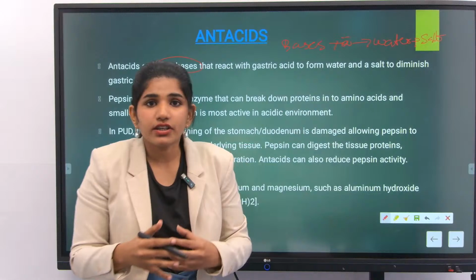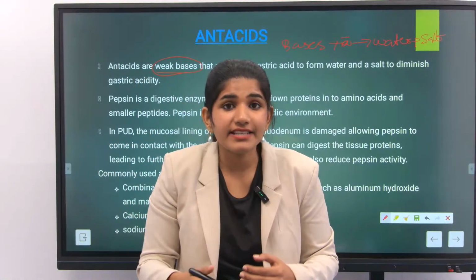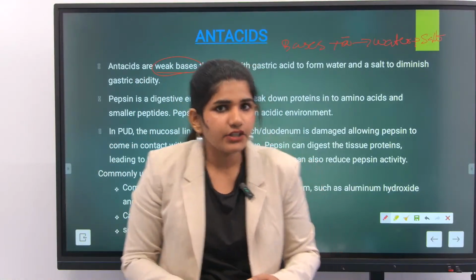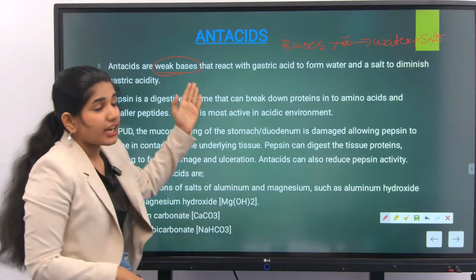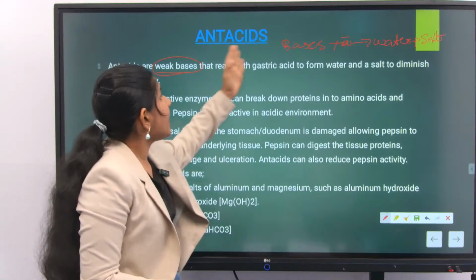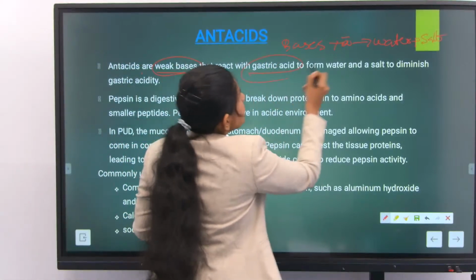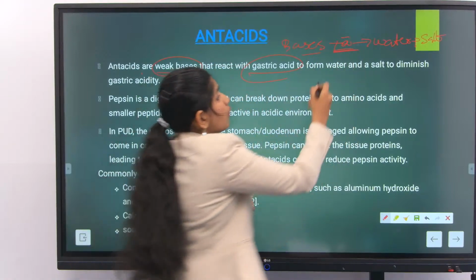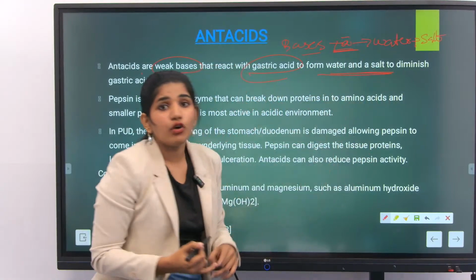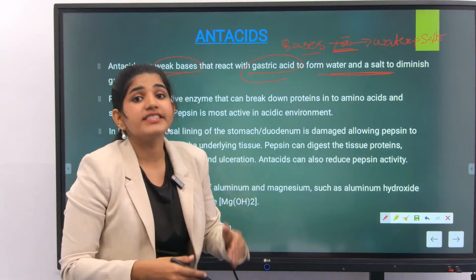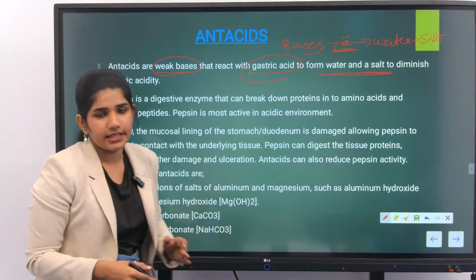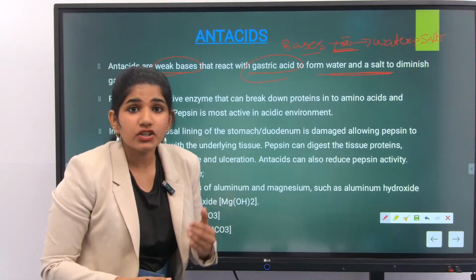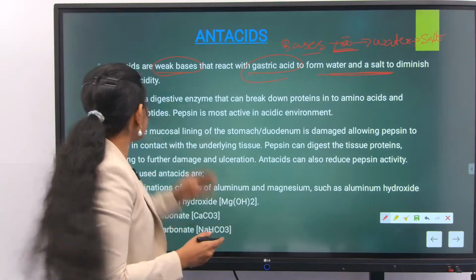That is the reaction mainly happening if we give antacids in the peptic ulcer condition. That reaction helps to diminish the gastric acidity.